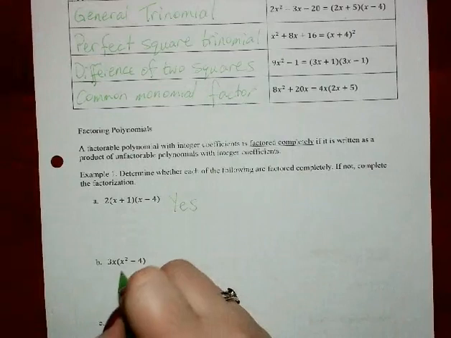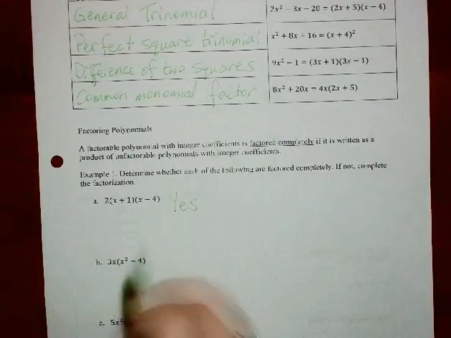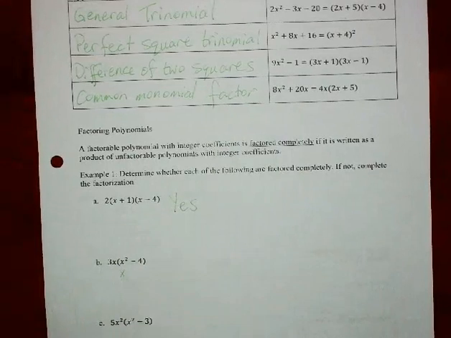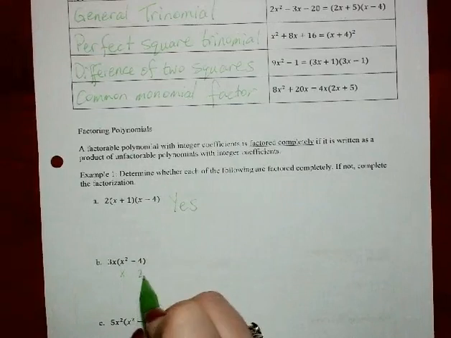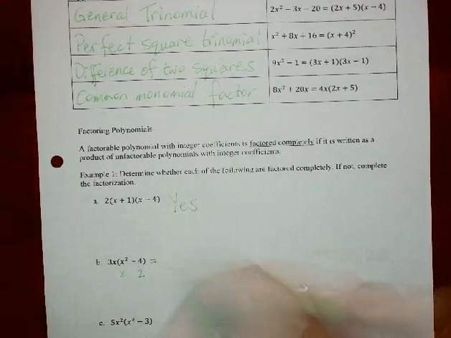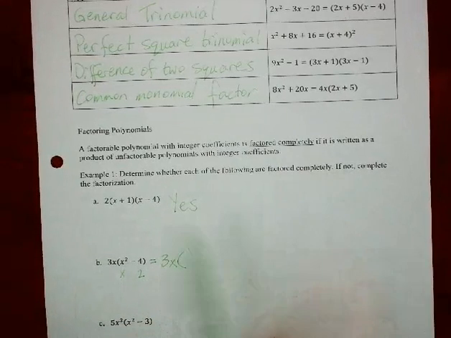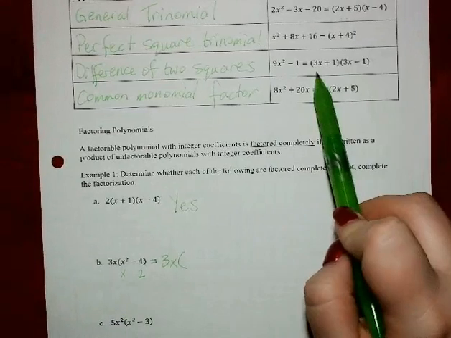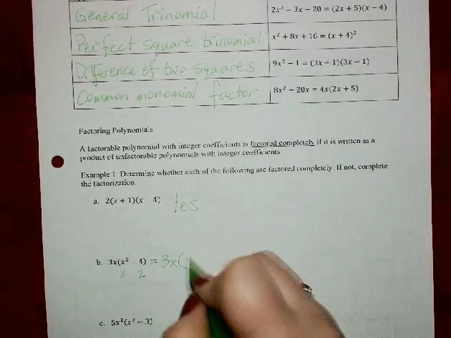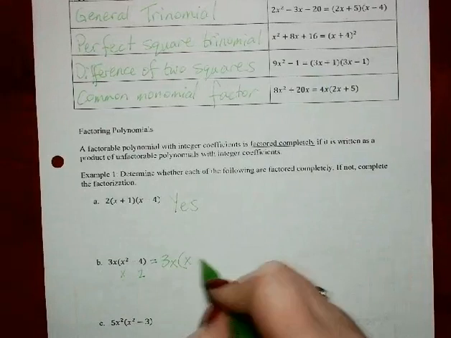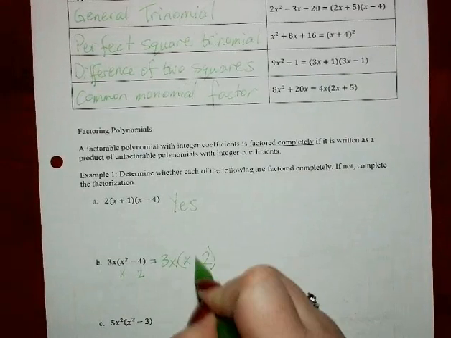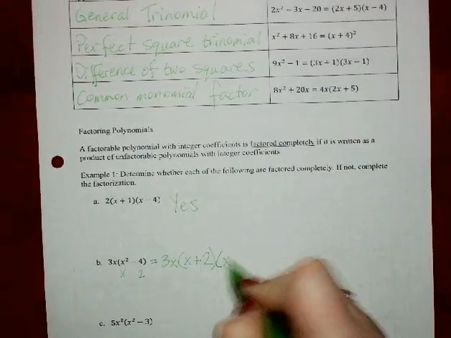So we take the square root of our first number here and we get x, and we take the square root of our second number here and we get 2. So this factored, we've got to keep the 3x there, but then our two parts become the square root of our first part, which is x, and the square root of our second part, which is 2, with a plus in one of them and a minus in the other.